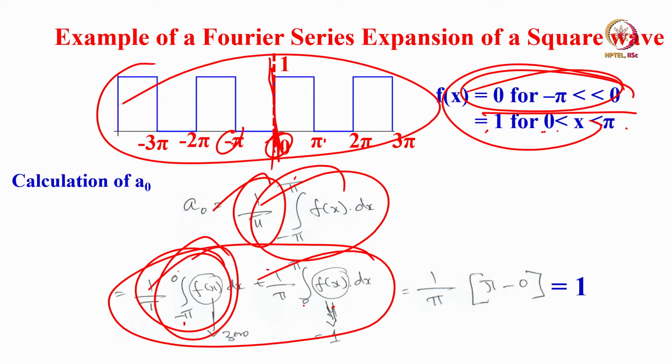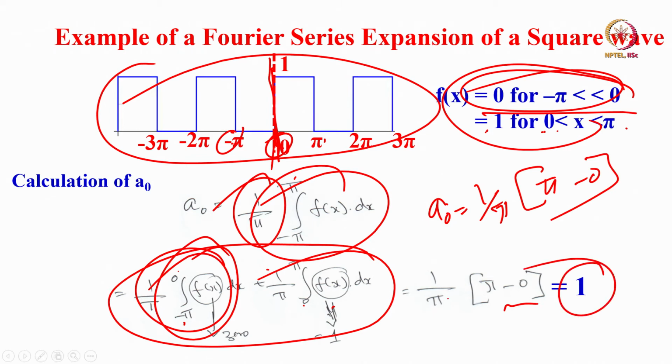So a0 is equal to 1 over pi times pi minus 0, putting the limits 0 to pi. When you put that, this turns out to be 1. For the Fourier series of this square wave, a0 is 1.